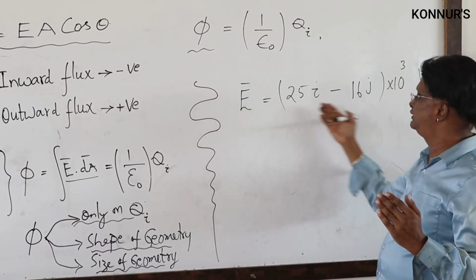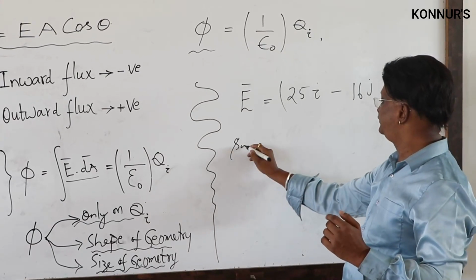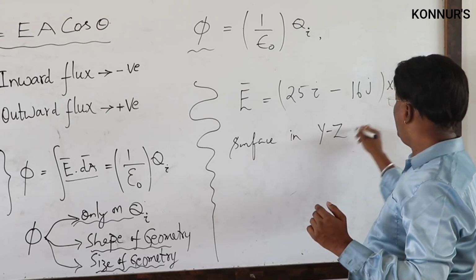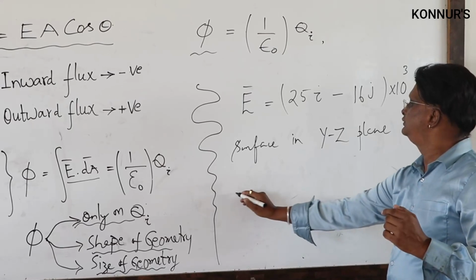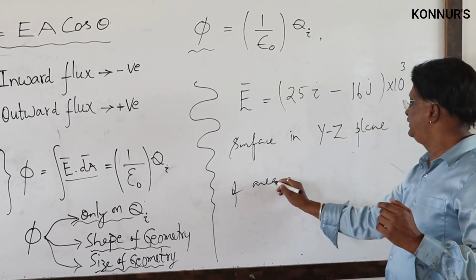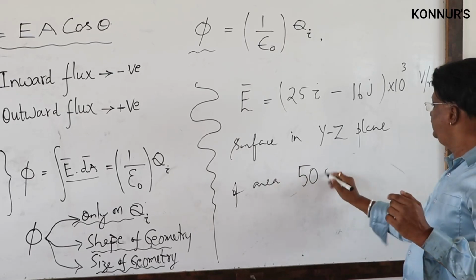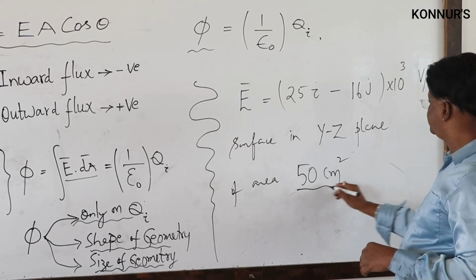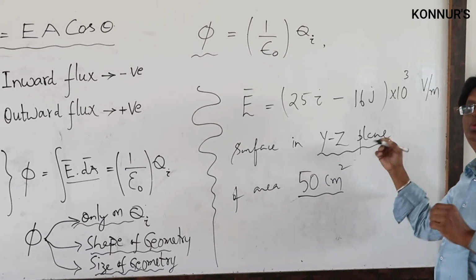Intensity vector is given as a vector, and he says surface in YZ plane, surface in YZ plane of area, suppose 50 centimeter square, and he says that it is lying in YZ plane.